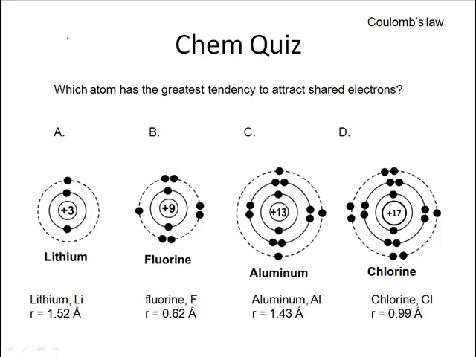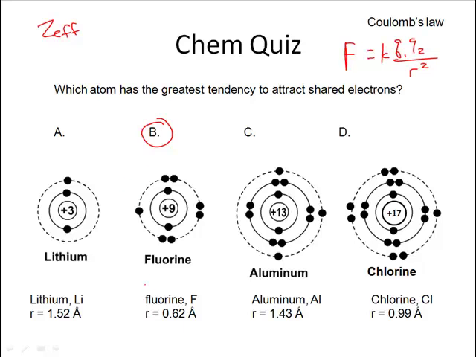What would we have to calculate to know why fluorine is the best? Okay, ZF. That would tell us for sure why, if we needed a number to prove it. But fluorine is the best, and this is due to Coulomb's law, that the force is equal to a constant times the charge over r squared, the distance, the radius here. So it has to do with the 3-dimensional space.